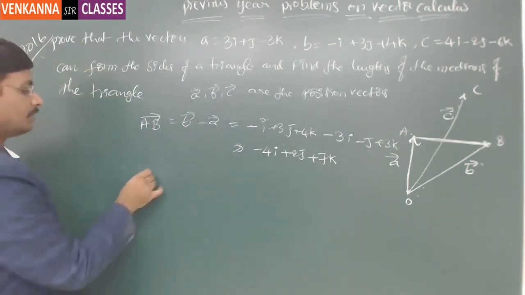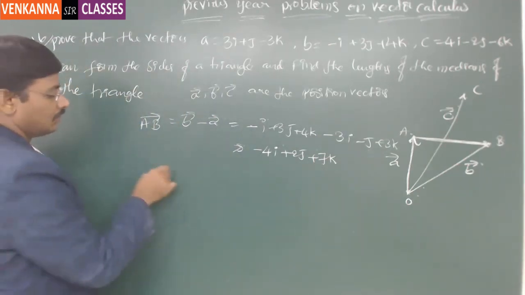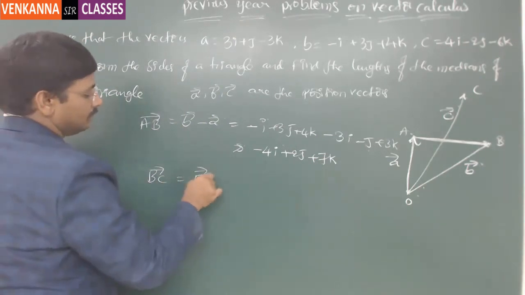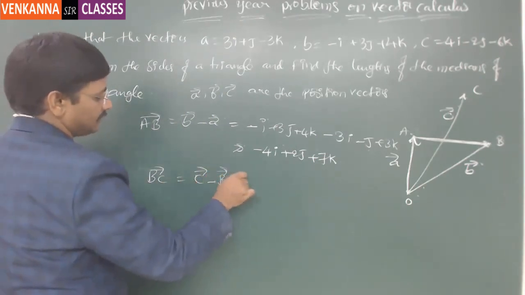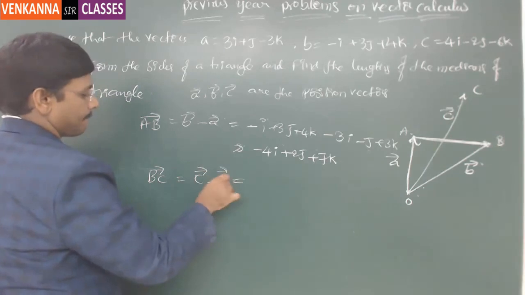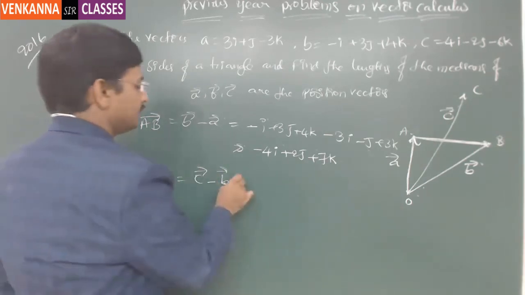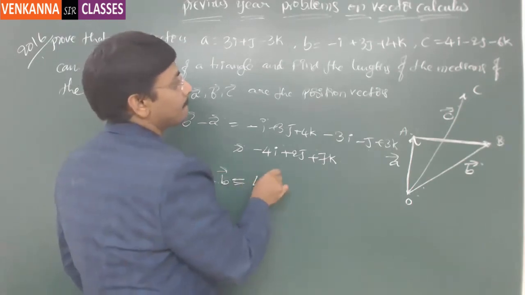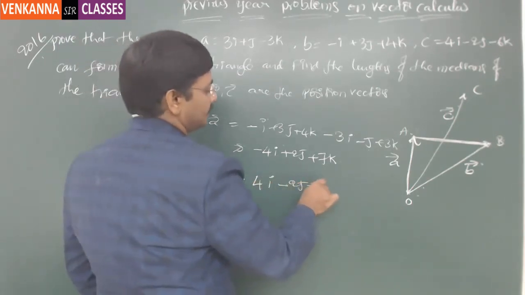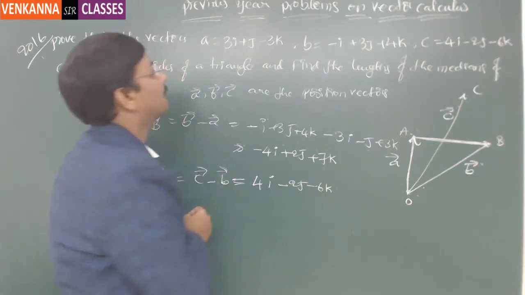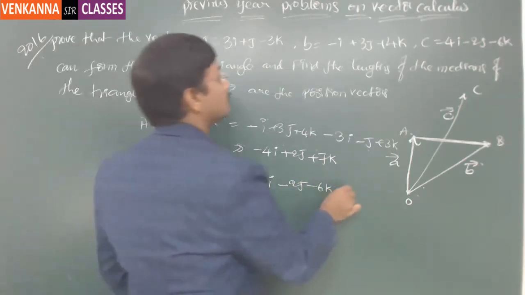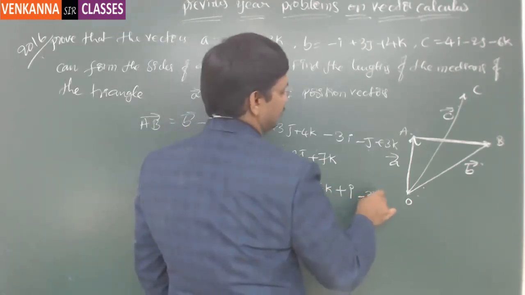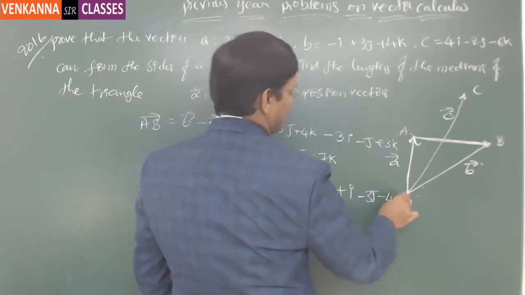In a similar manner, the vector BC you can find as C minus B. So the BC vector is going to be vector C, that is 4i minus 2j minus 6k, minus B vector, that is plus i minus 3j minus 4k.